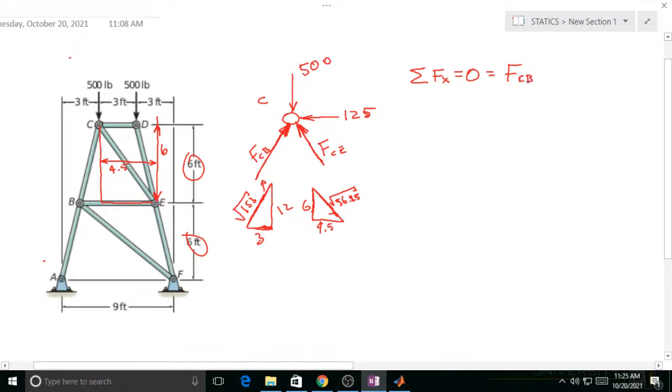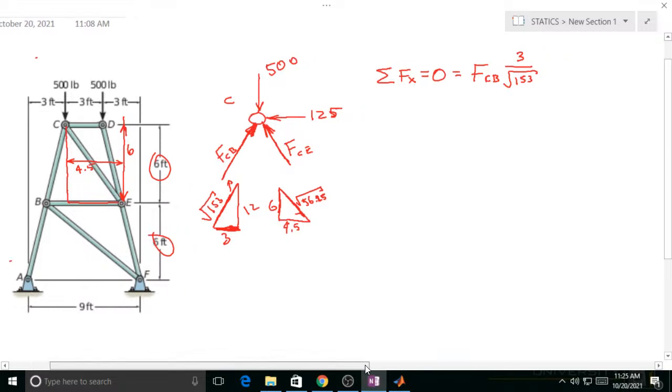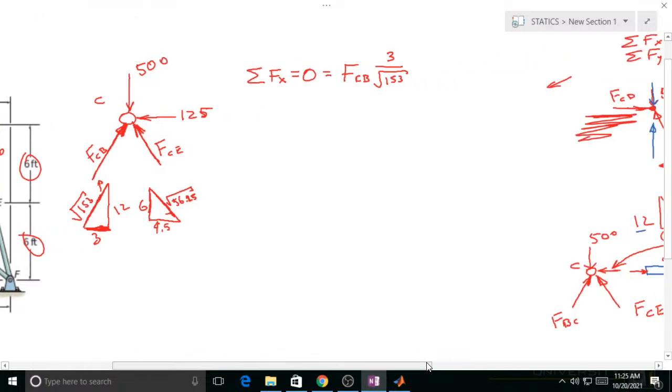CB. Now, I'm looking at the X, so I'm looking at the 3 over square root of 153. And it's going to the right, or positive. And you have to remember, I'm just assuming the directions. I don't know that they're that way, and as long as I'm consistent and stick with those assumptions, I should be safe.